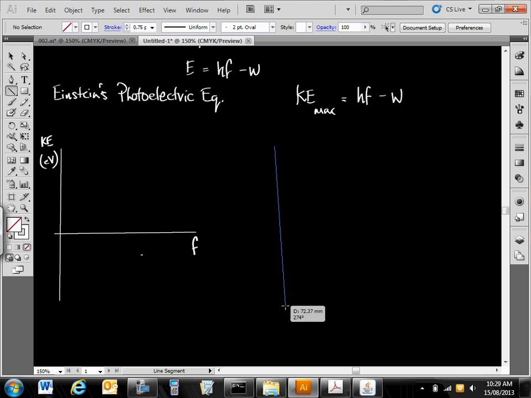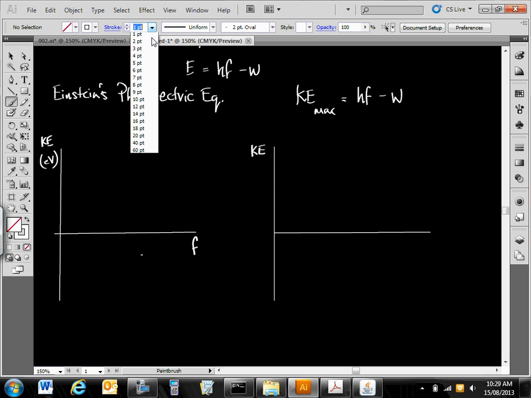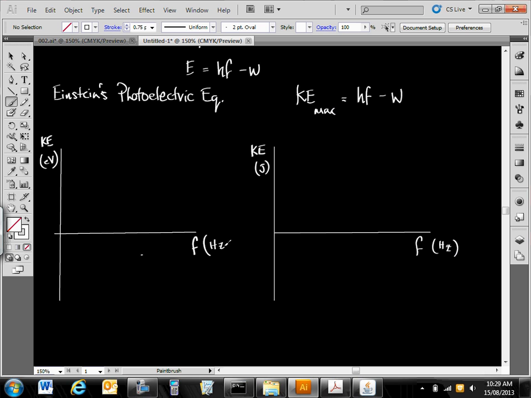And you need to know the difference between the two. You need to understand how to convert these. Kinetic energy in joules, and this is frequency. This is still hertz in both cases. The graphs look very similar. And we know what a graph is going to look like.